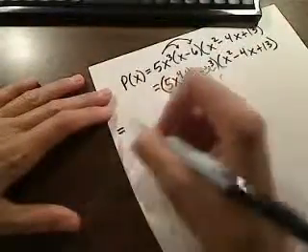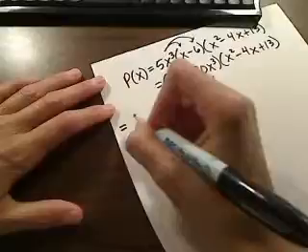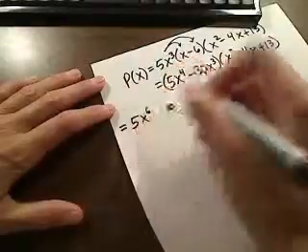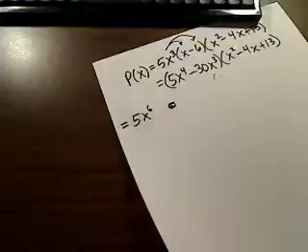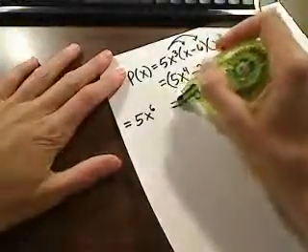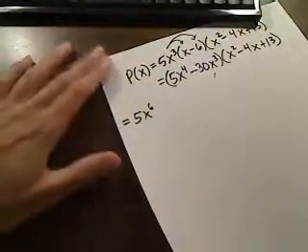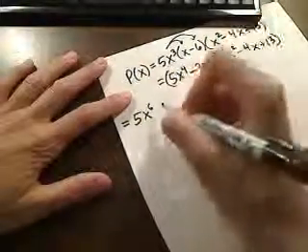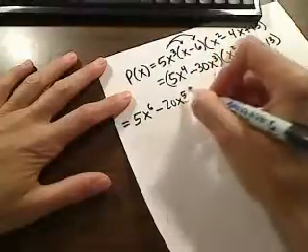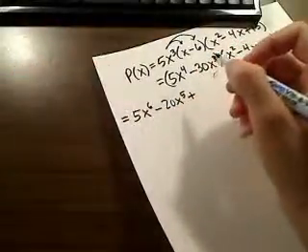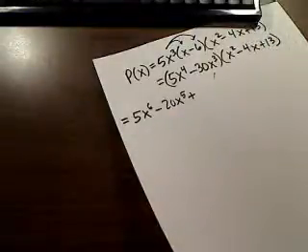Okay, so I'm going to write it out here because this is going to be long. So this is 5x to the 6th, we have minus 20x to the 5th, and then plus 13 times 5 is 65, I think.